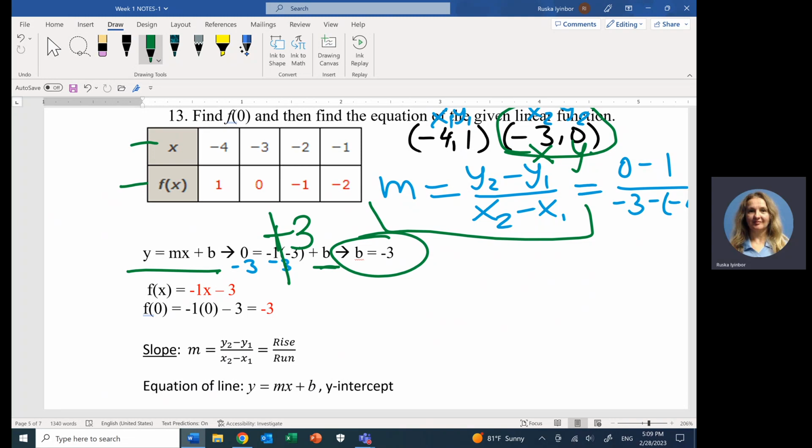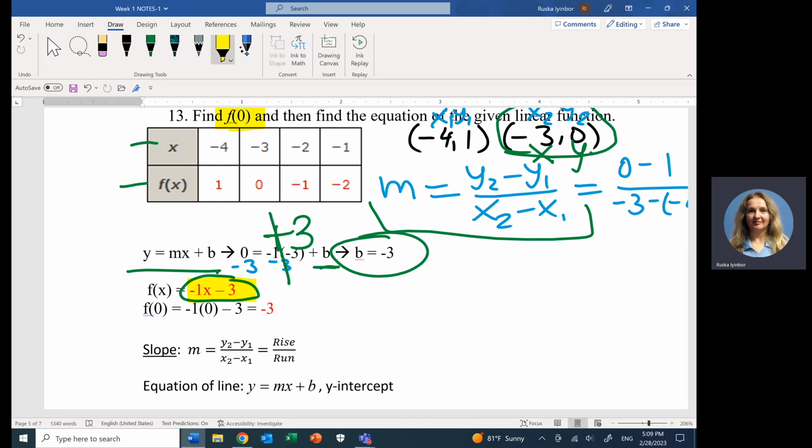After I find b, I can just write the equation. The equation is -1x minus 3. This is the formula for the function, because that's what it says: find the equation of the given linear function. They also want me to find f of 0. After I find the function, f of 0 is just replacing x with 0.